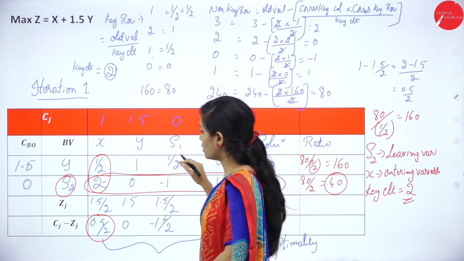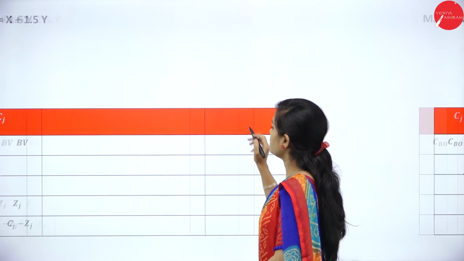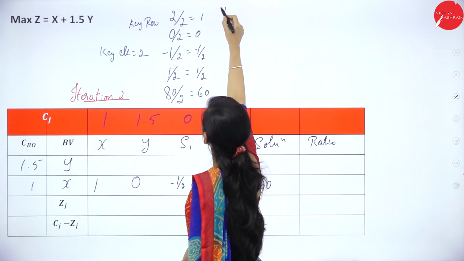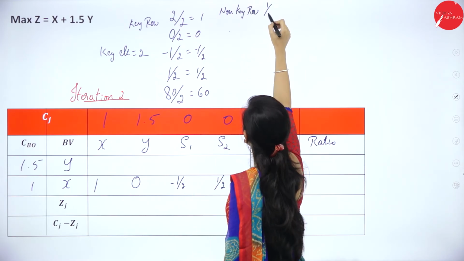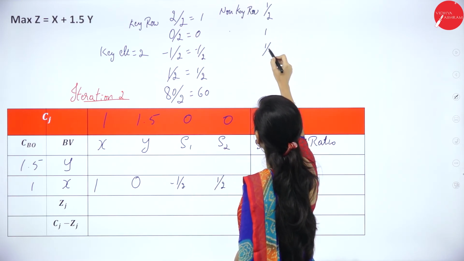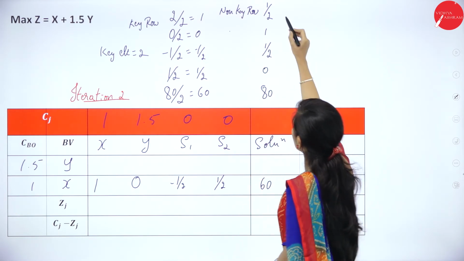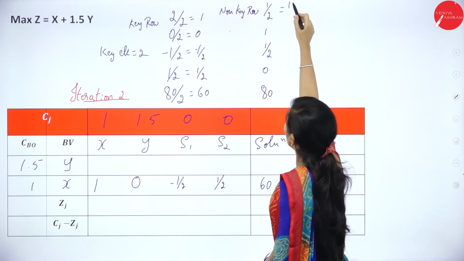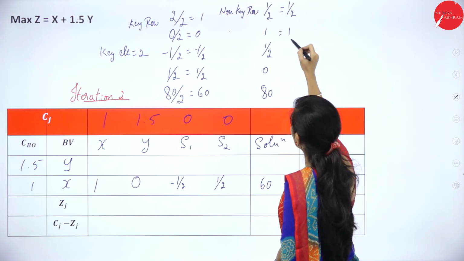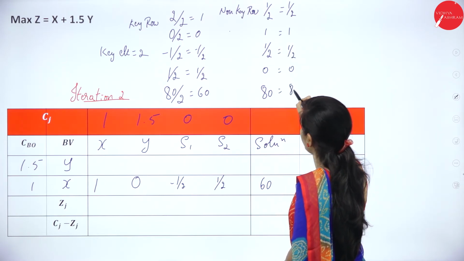Now find the non-key row values. Just list all the non-key row values: 1 by 2, 1, 1 by 2, 0, 80. So the first old value is 1 by 2, then 1, then 1 by 2, then 0, then 80.